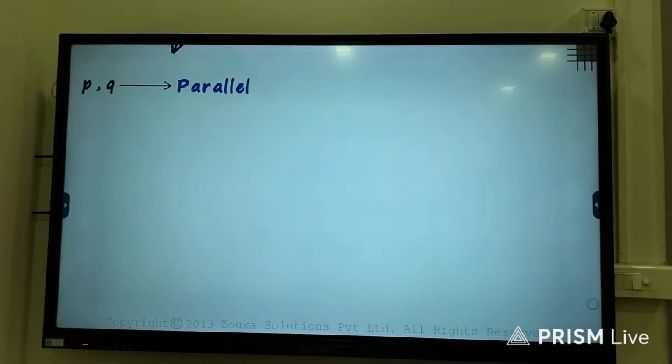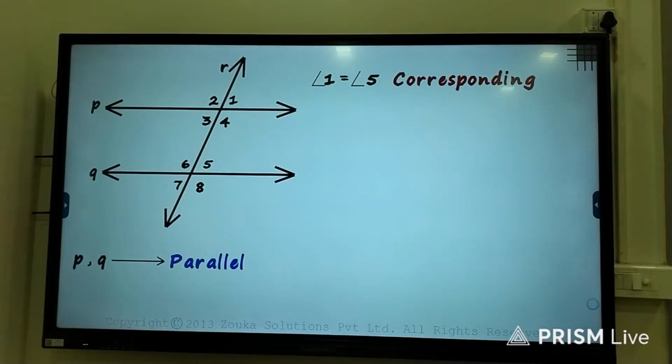Now let's go back to the previous page. Now let me ask you an interesting question. Look at the figure closely. Is this the only pair of corresponding angles? No, it isn't. We have three more pairs of corresponding angles. When a transversal intersects a pair of parallel lines, four pairs of corresponding angles are formed. 2 and 6 form a corresponding angles pair.